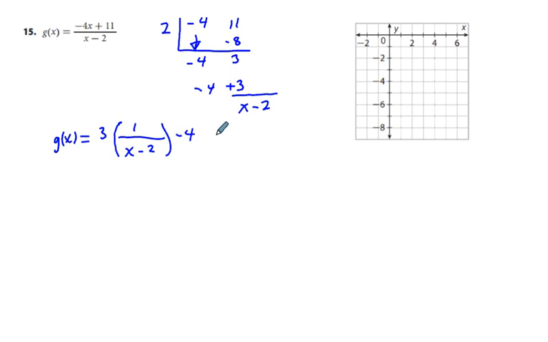So in this case, our center is going to be the point h comma k, which is going to be 2 comma negative 4. So we mark 2. I'm making our vertical asymptote at x equals 2, and then our horizontal asymptote at y equals negative 4. And then we have a equals 3.